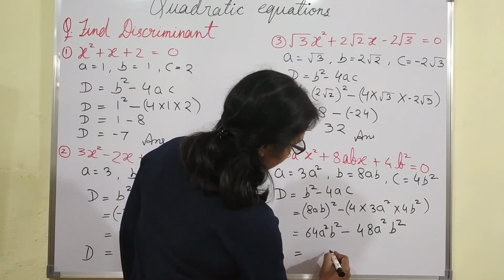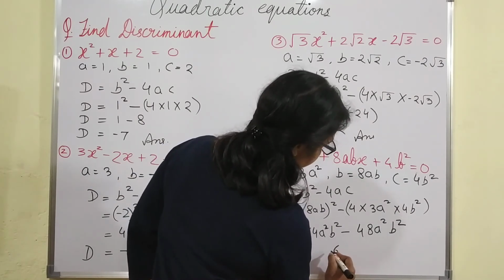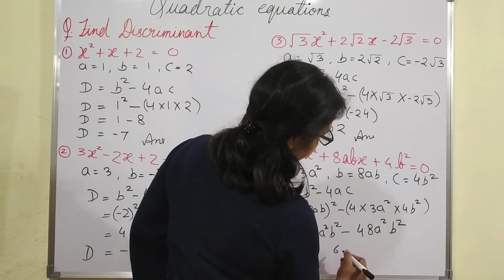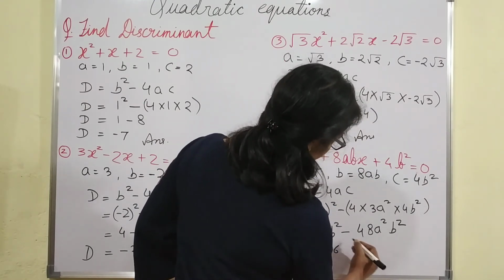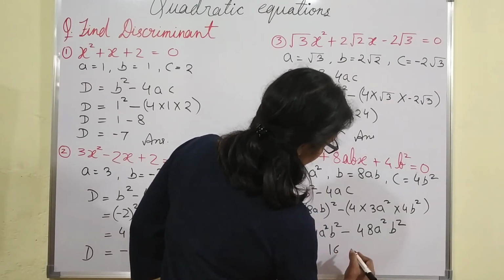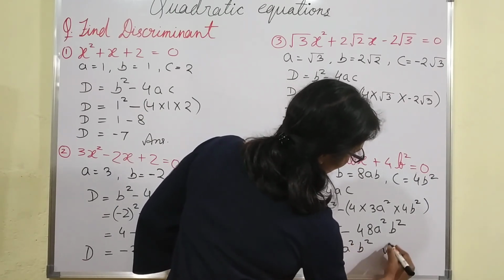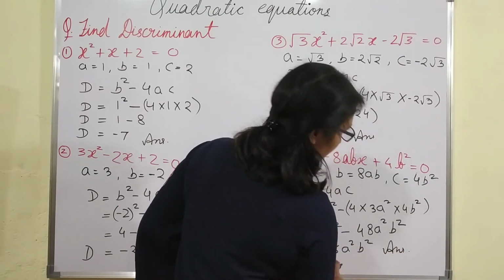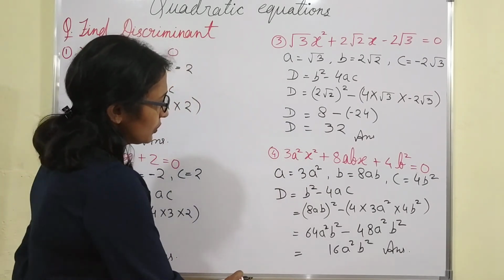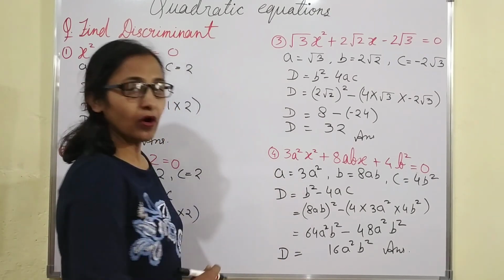So the answer is 16a square b square. So again here roots are real. Okay. So the nature of roots depends on the value of d.